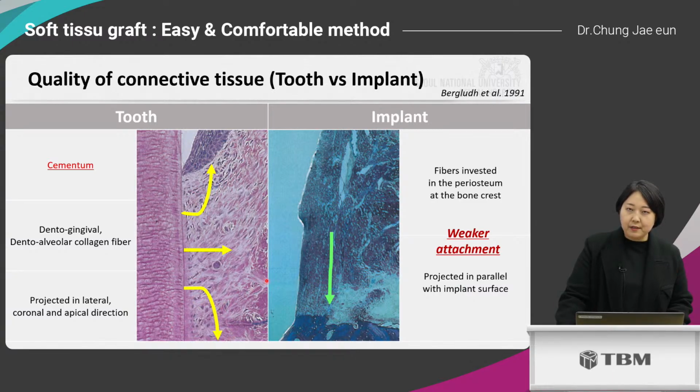However, since there is no cementum on the implant surface, the collagen fibers run parallel to the implant and are embedded into the alveolar crest of the periodontium. From this, the attachment of the implant and the surrounding soft tissue is mainly maintained by fibroblasts parallel to the implant, and therefore the attachment is weaker than that of the tooth.